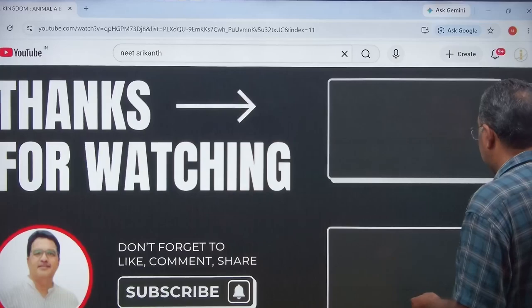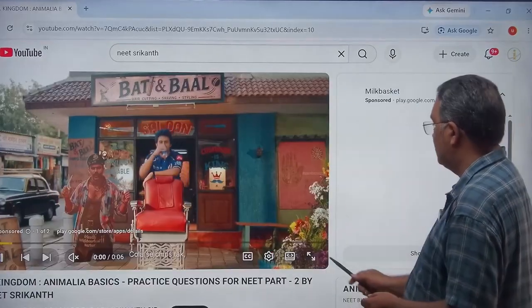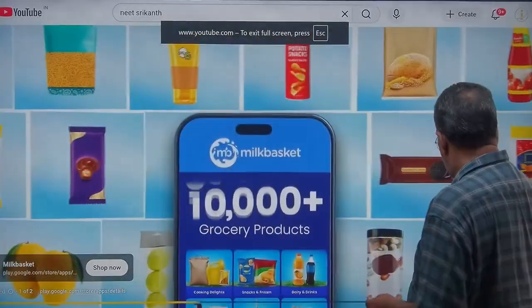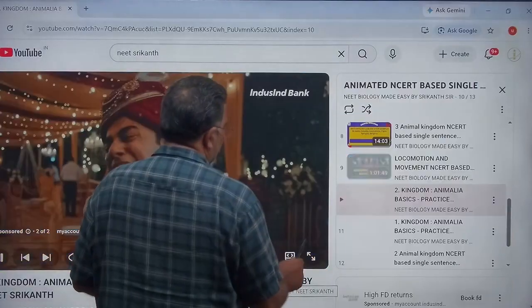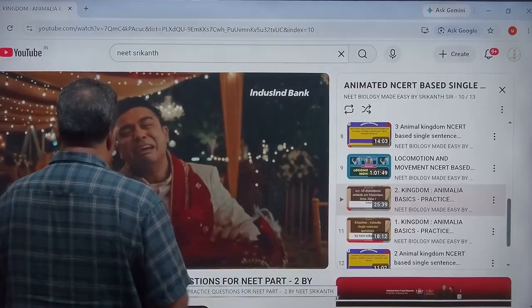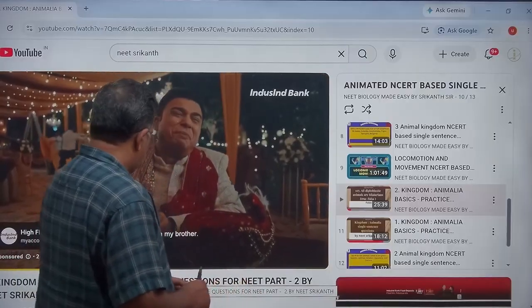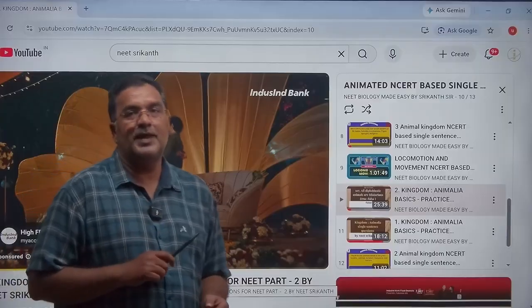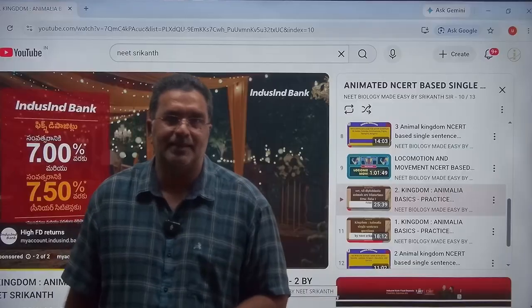That's it. We continue with the second one. We said in this session we'll do till 100. Every chapter of the NCERT textbook is available in the form of single line questions like this.